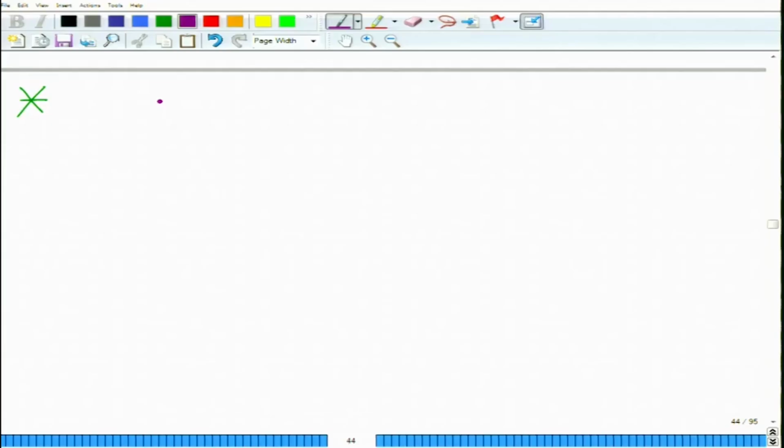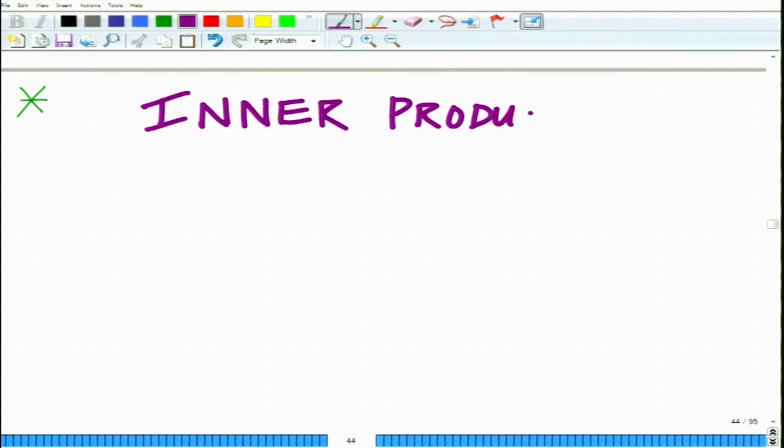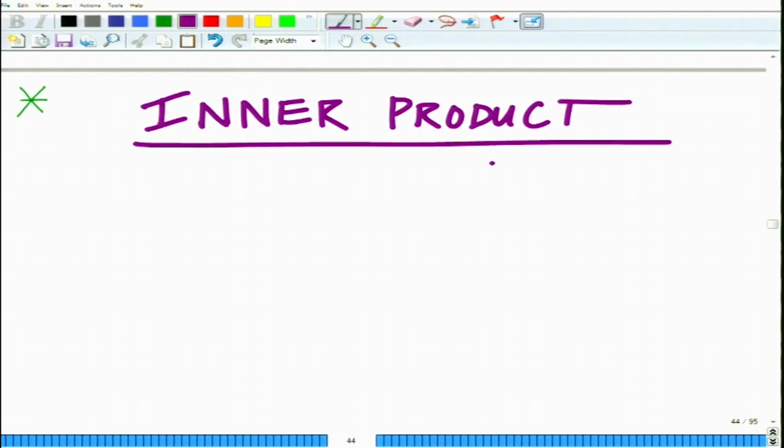Okay. So, we want to start looking at the concept of what is known as an inner product space.